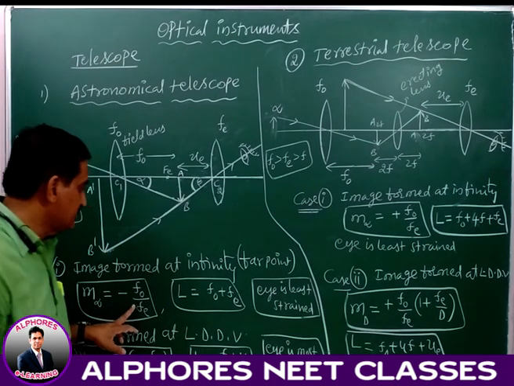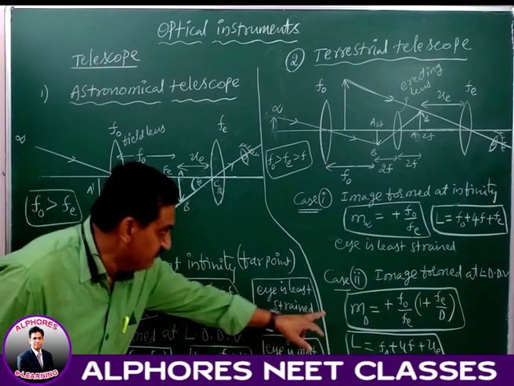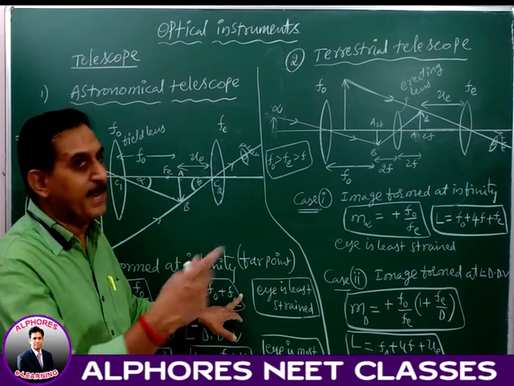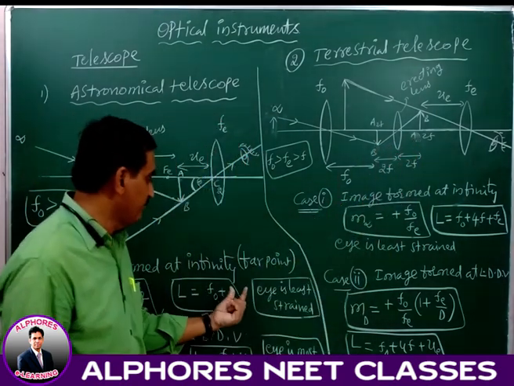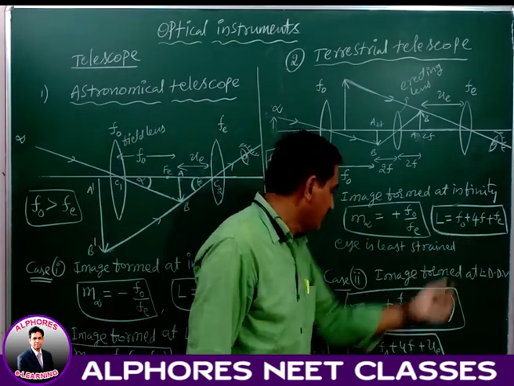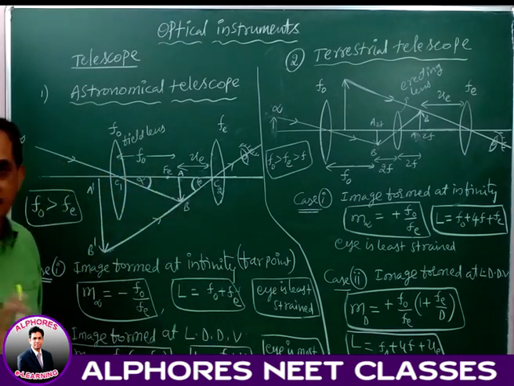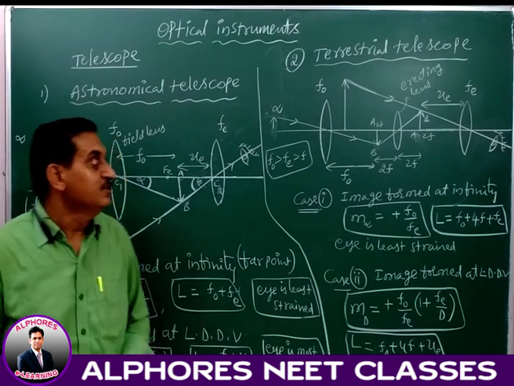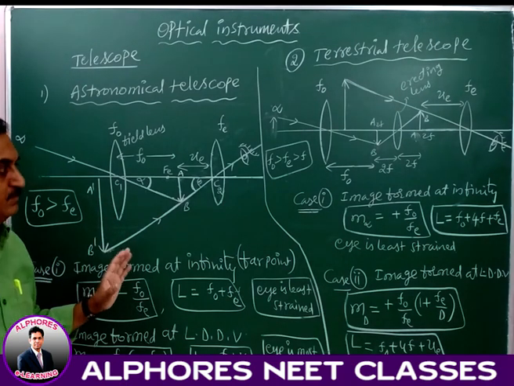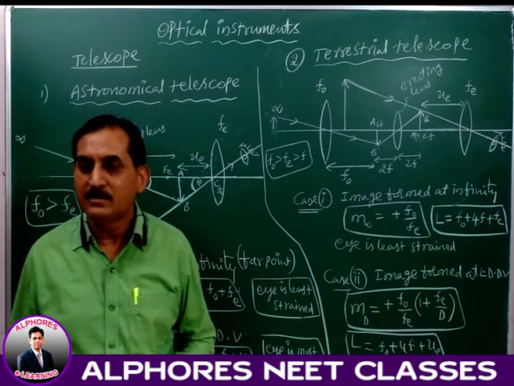The remaining magnifying powers are the same in the first case, and in the second case the magnifying powers are the same. The length of the telescope in the first case only has 4f added due to the erecting lens. 4f is added over here, here also 4f is added. That much difference is there. Everything else will be the same. So here it is a terrestrial telescope, and this is an astronomical telescope. So these are the differences between these two.